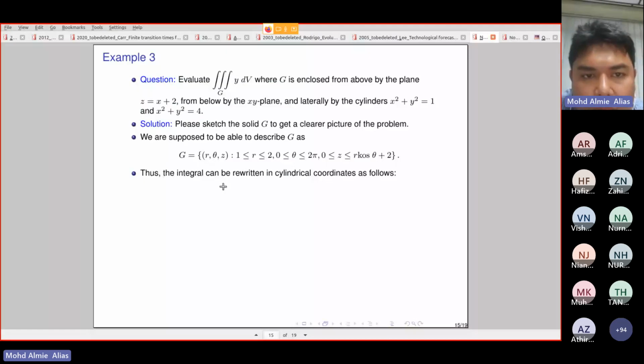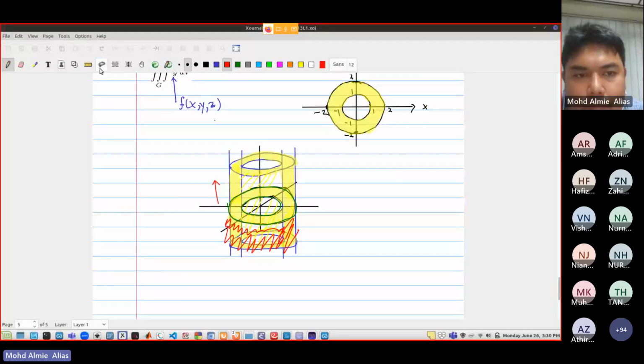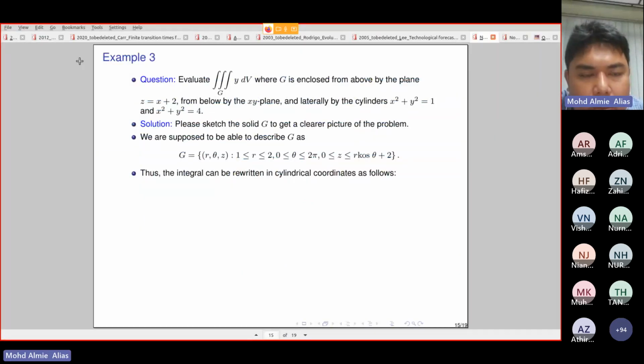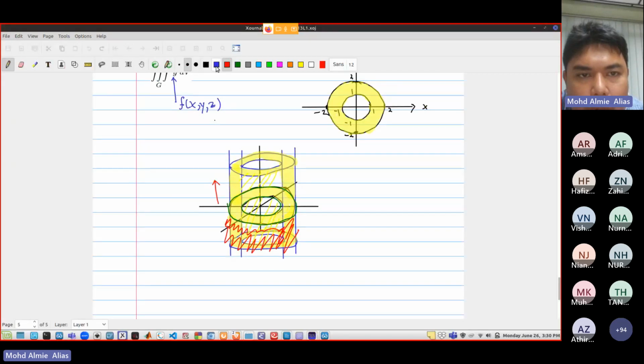So this is my plane, and then you have another one, a plane z equals x plus 2. I'm sorry because I forgot to write: this is x, this is y, this is z.